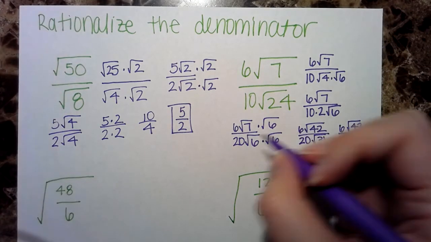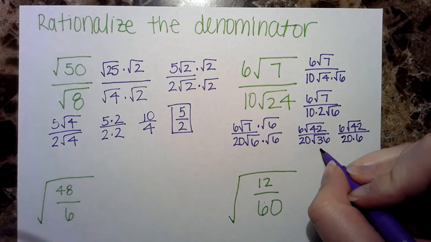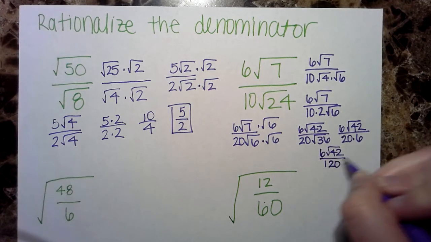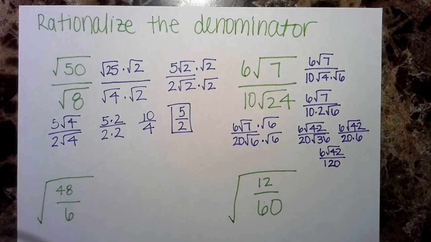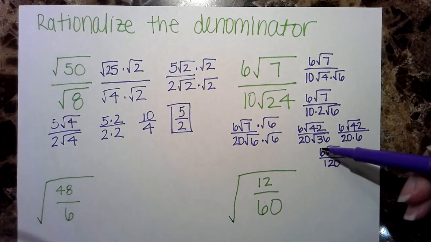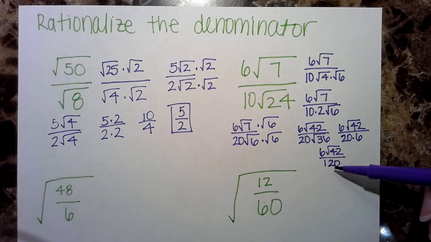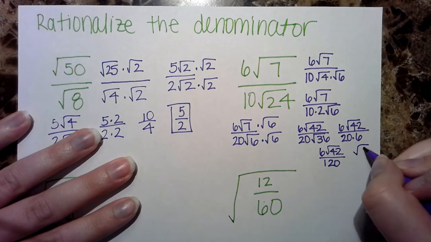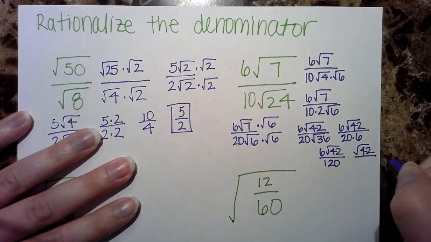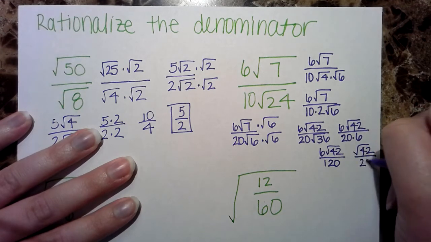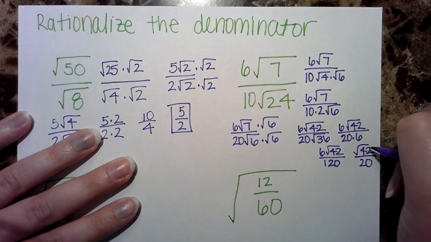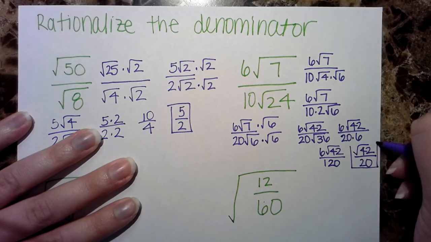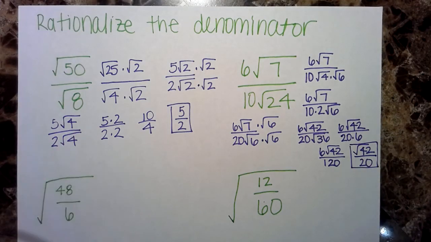I'm then going to make it 6 square root 42 over 120, because 20 times 6 is 120. I'm then going to ask myself if I can simplify 6 and 120, and I can. So that's going to be left with the square root of 42 over 20, because they both have 6 in common. I cannot simplify the square root of 42, so I'm going to leave it. So my final answer is square root 42 over 20.